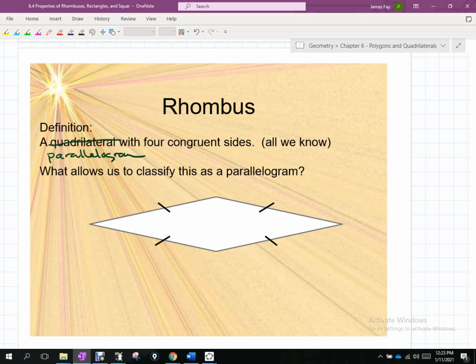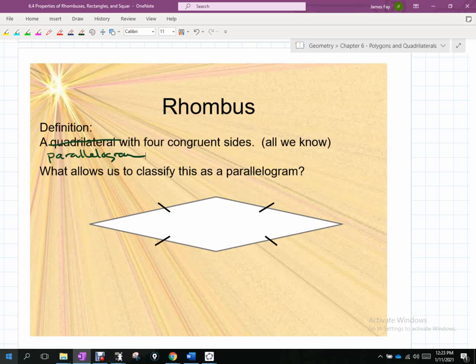They might verbalize that vocabulary word of a rhombus. They might say it's a quadrilateral with 4 congruent sides. Or they might write it's a parallelogram with 4 congruent sides. Okay? You just got to know that we can. I think writing parallelogram is a better classification. Is it okay with everybody?